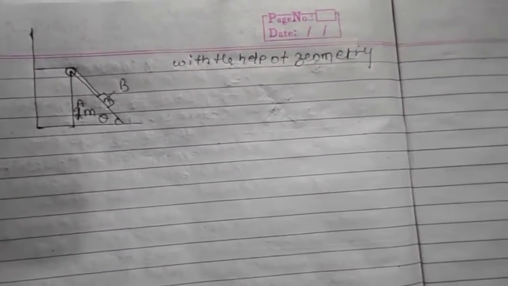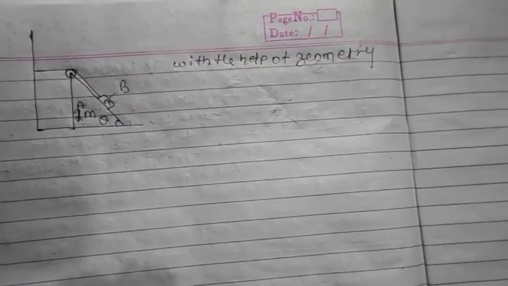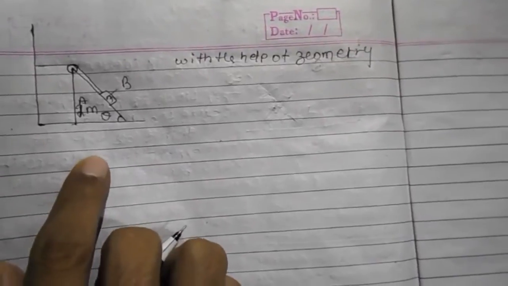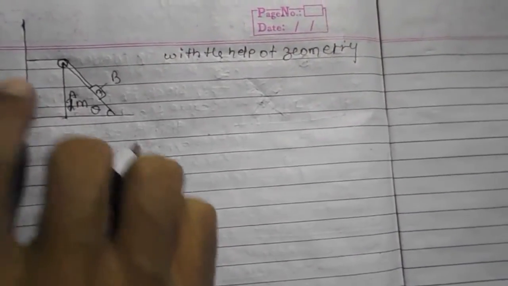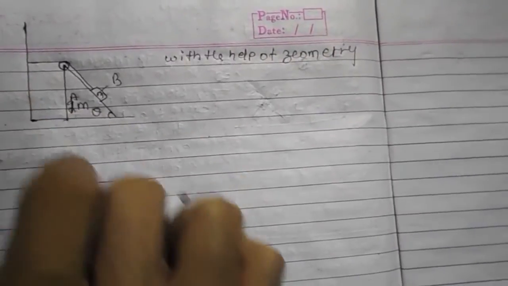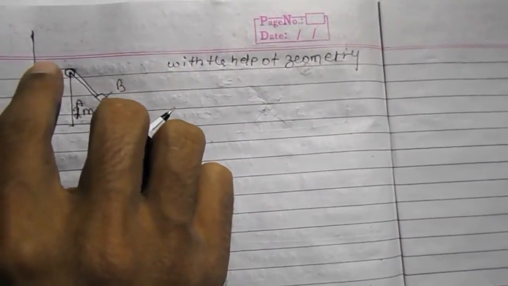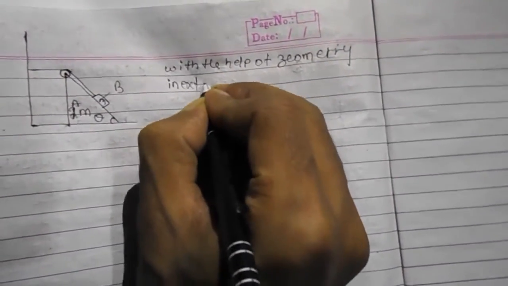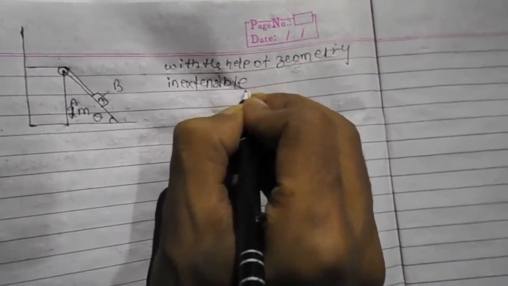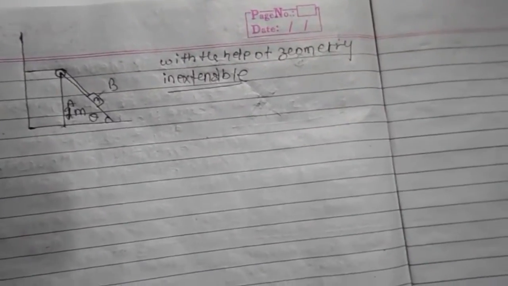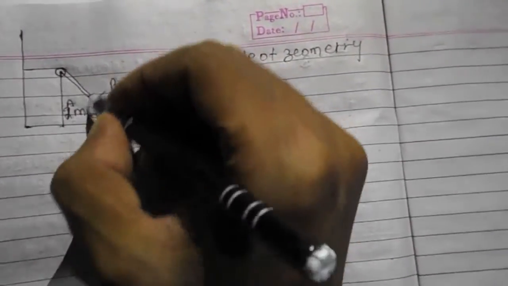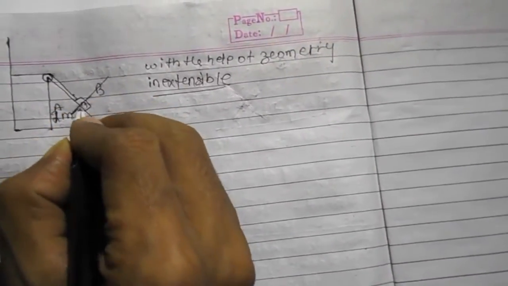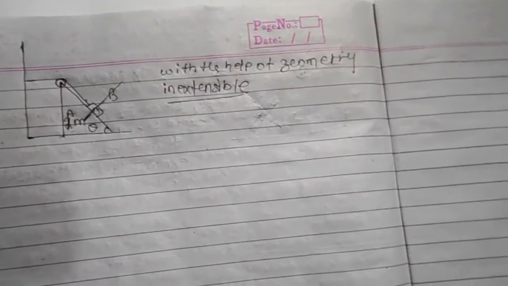Of course, any question can be solved with the help of geometry. So what is going to help us in applying geometry? First thing is, my string is inextensible. And second thing is, this block B is not going to leave this wedge.